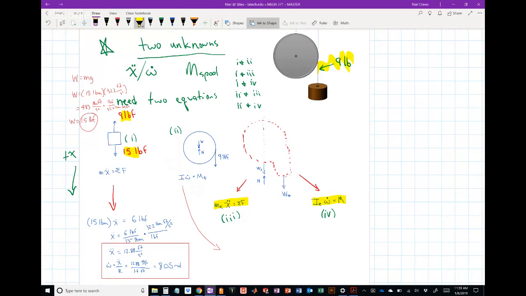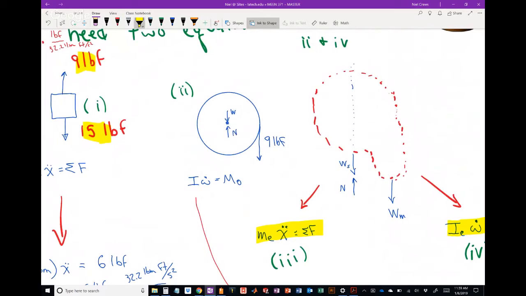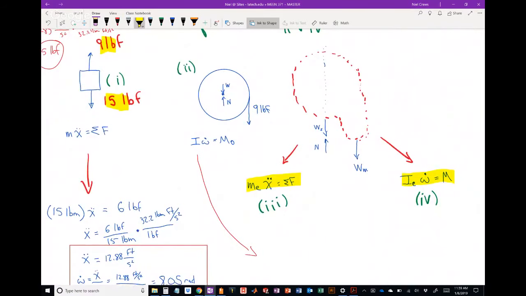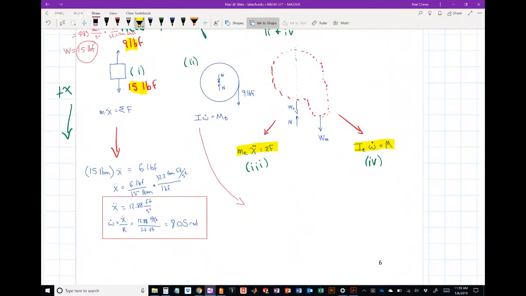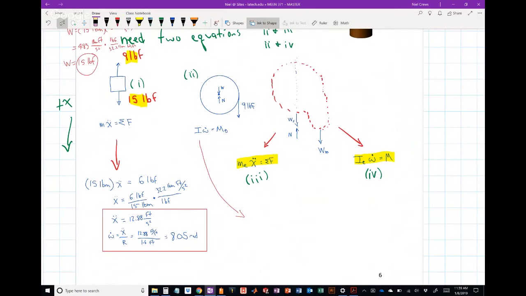That's all it knows. The spool does not have eyes, can't see beyond its touch. So this is the equation here. Let me get to where I lost my spot. The formula for this moment of inertia is going to be 1.